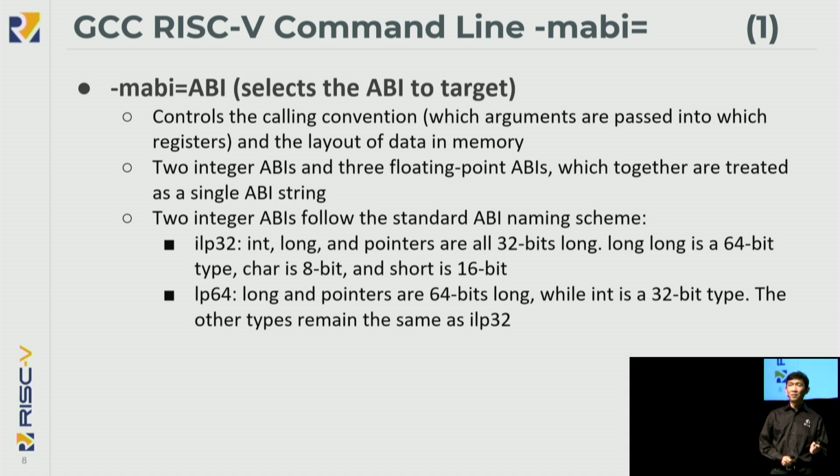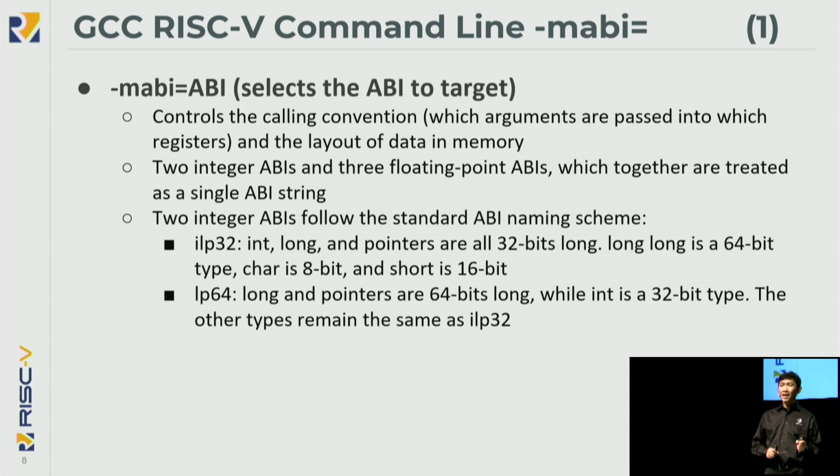As I mentioned, the other argument to the RISC-V command line is -mabi, which provides the ability to select the ABI for the target. What that means is simply that it provides the ability to control the convention, which is what arguments are passed into which register, and the layout of the data in memory itself.